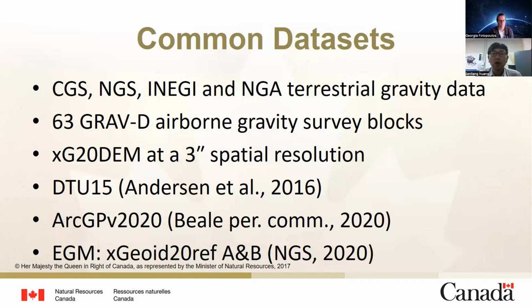Those two models use common data, including terrestrial gravity data, airborne gravity data from the GRAV-D airborne gravity project, a new digital elevation model, the satellite altimetry DTU marine gravity grid, the ArcGP 2020 gravity grid provided by the National Geospatial-Intelligence Agency, and the two Earth gravitational models, xGEOID Ref A and B, developed by NGS.